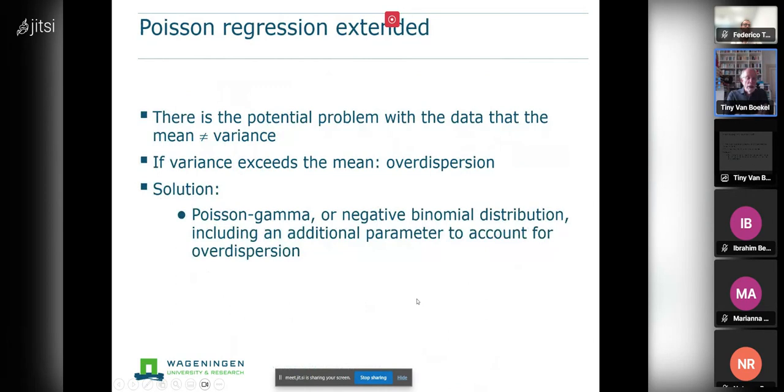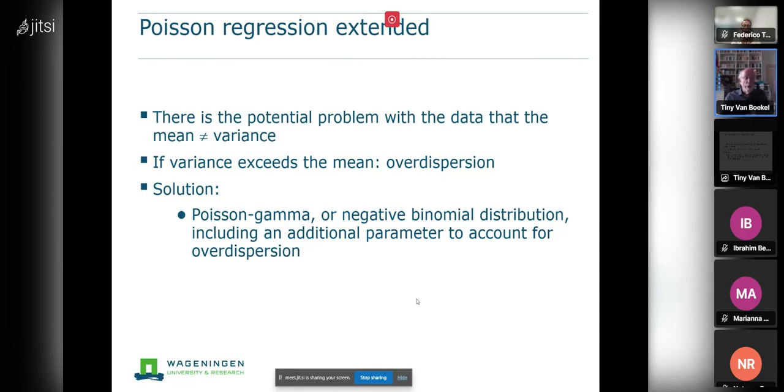Now, there is a potential problem with data if you want to use the Poisson model: the mean is actually not equal to the variance, which is an assumption in the Poisson model. But the data may tell you different. And if that happens, it's called over-dispersion, so the variance is actually bigger than the mean.